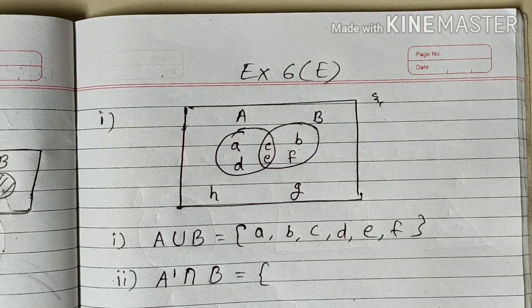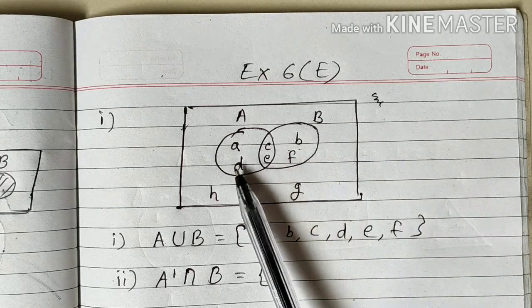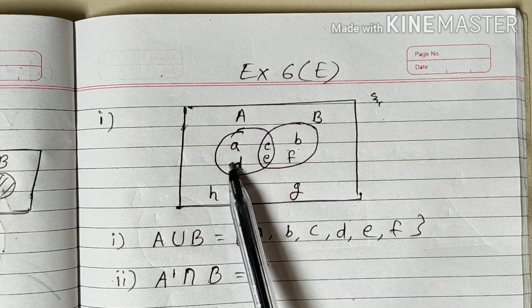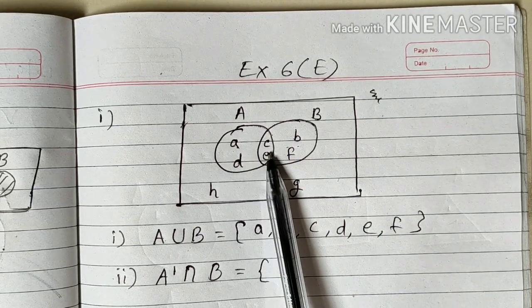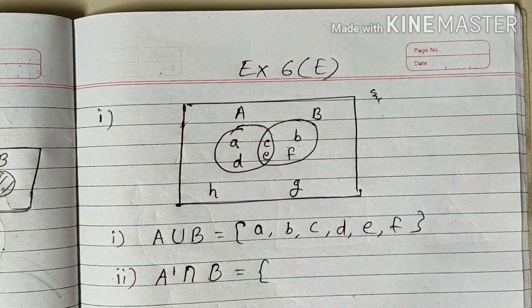Now students, tell me, what is the meaning of complement? Those elements which are present in A, these elements we have to remove from the universal set and the remaining elements we have to write. Correct? Okay.